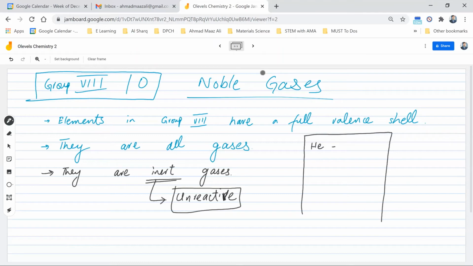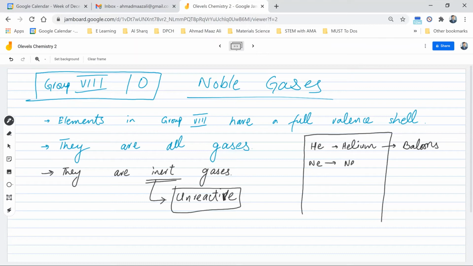That's helium. Where do we use helium? In balloons, right? And if you breathe it in, it changes your voice. That's because it has very low density. It's one of the lightest gases, though of course more dense than hydrogen. So helium is used in balloons, and then we have neon.